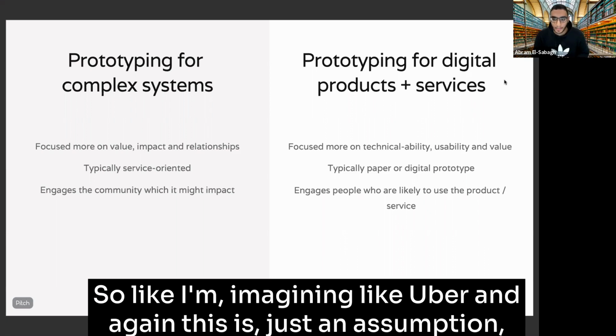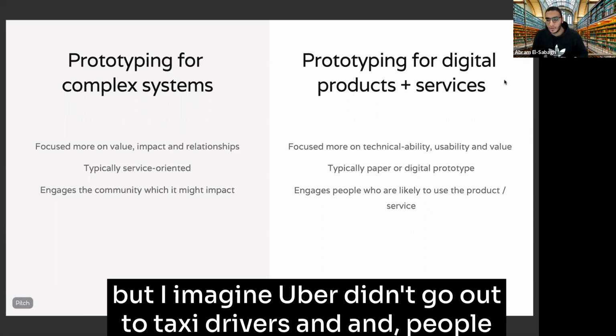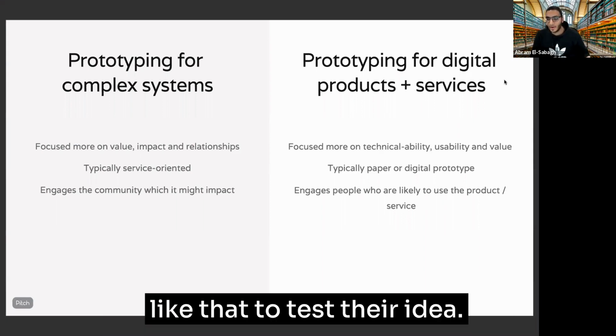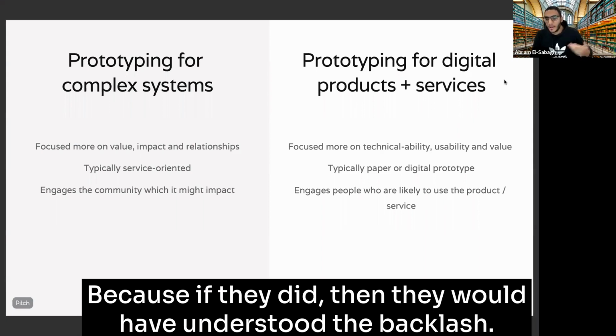So I'm imagining Uber, and again, this is just an assumption, but I imagine Uber didn't go out to taxi drivers and people like that to test their idea, because if they did, then they would have understood the backlash.